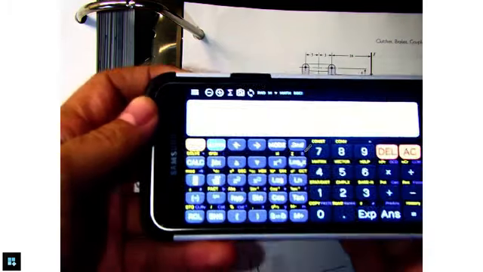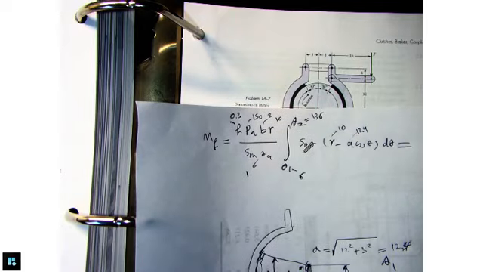So now let me look at my calculator. 0.3 times 150, and 150 times 2 times r, which is 10, and the integration from 6 degrees to 136 of sine of theta times 10 minus 12.4 cosine of theta.